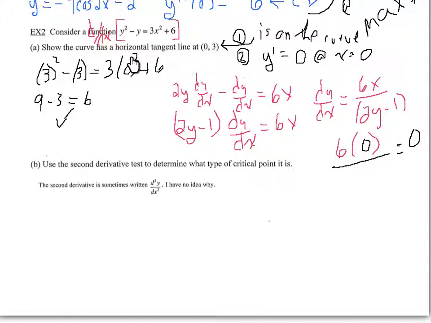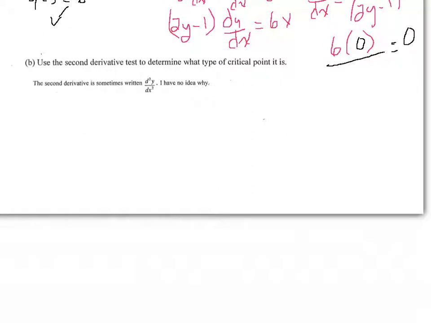Now moving on to part D. We're going to use the second derivative test to determine what type of critical point it is. And just a little bit of notation here.